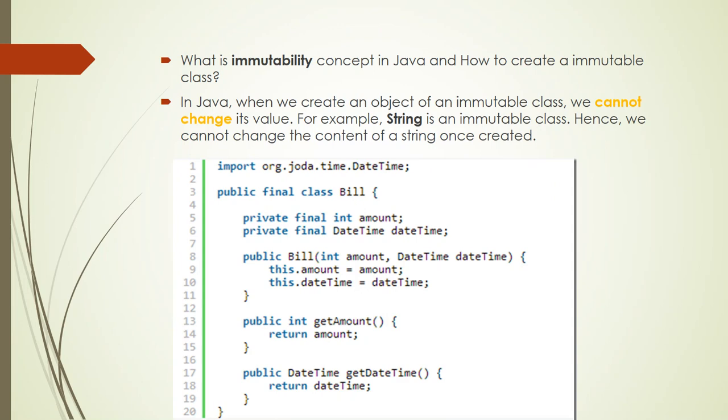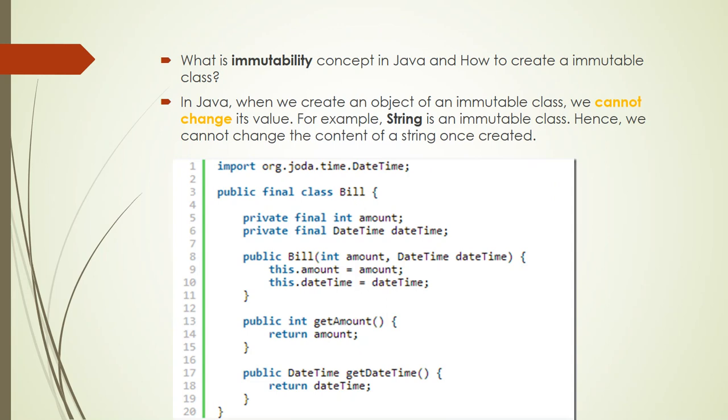The next important question is: what is the immutability concept in Java, and how can we create an immutable class? Like String is also an immutable class. Once we create an object of the class, we cannot modify or change its value.